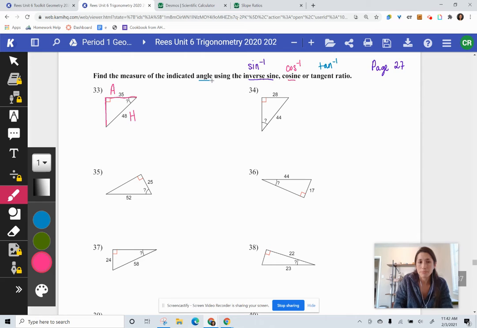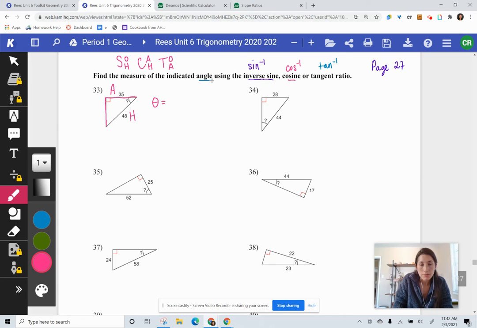I'm going to use theta instead of a question mark. Remember, theta is our variable for angles. Theta is equal to, now this is A and H. You may still want to write SOH CAH TOA on your paper. For this problem, we have an A and H, that's a cosine ratio.